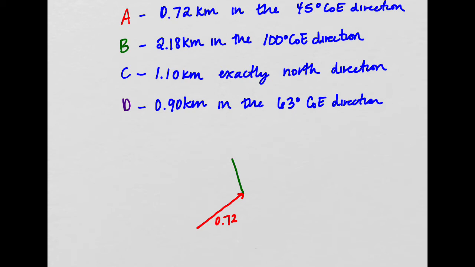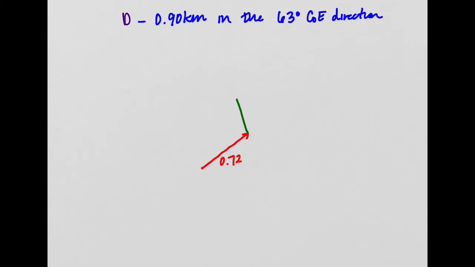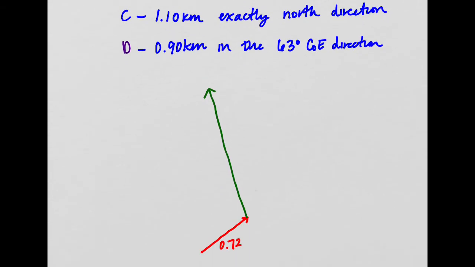I'm going to scoot this whole thing down. So we have 2 point something. That might be a little too angled. We'll do more like that. We have 2.18 kilometers, 2.18.